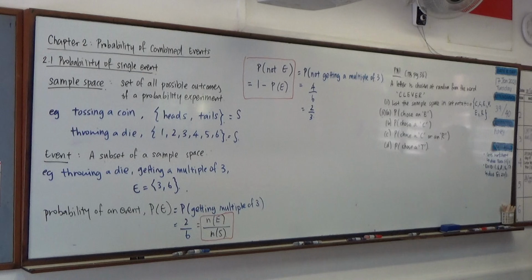Looking at part 2a, we want to find the probability of choosing an E. Now that we have the sample space already, and that's a total of 6 letters, what would that probability actually be, Jasper? What's that probability for choosing an E?